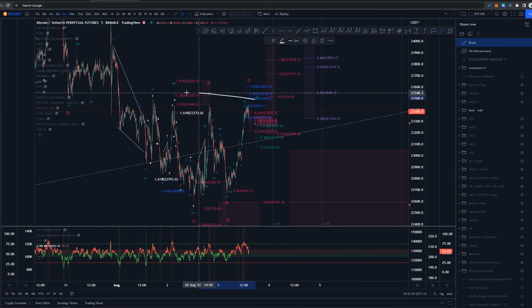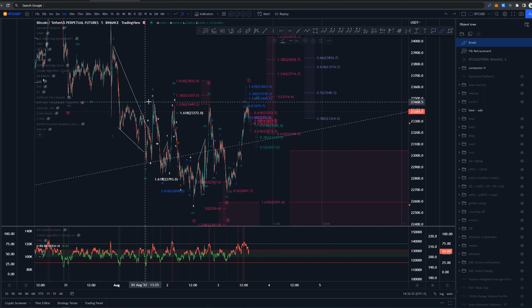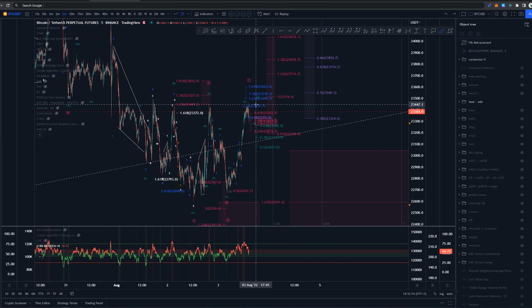Targets, definitely taking out these previous highs would be massive. We have already taken a couple of these highs, but not taken out this high.